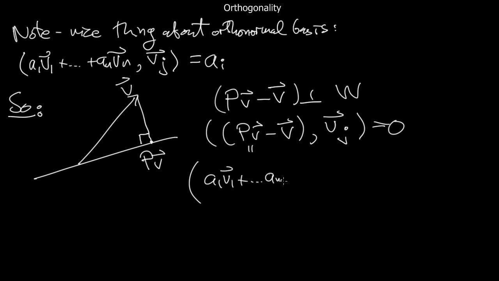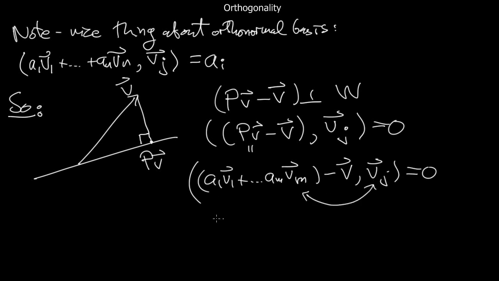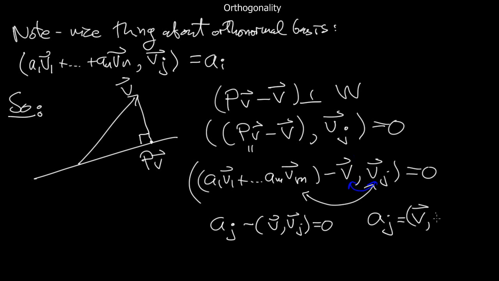So we take that, and then we subtract v from it, and we take the inner product with vj, and what do we get? Well, we're supposed to get 0. By what I just said, when you take this inner product, you pick out the aj term. On the other hand, this vj inner product with v, that's just what it is. You can compute it, so you just get v dot vj. This is supposed to equal 0, so I've concluded that aj has to be equal to the inner product of v and vj. So in some sense, you're done.